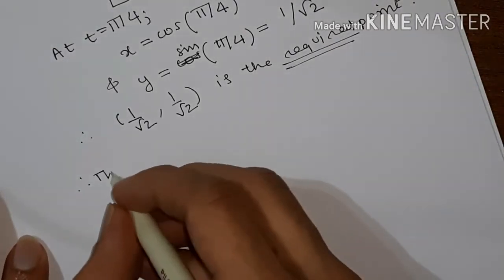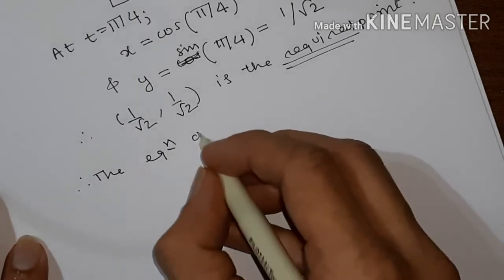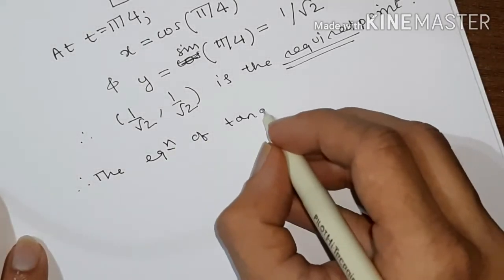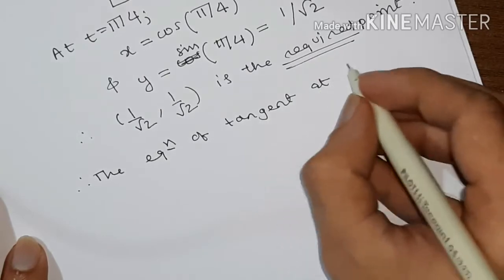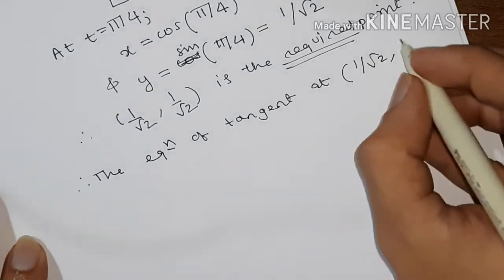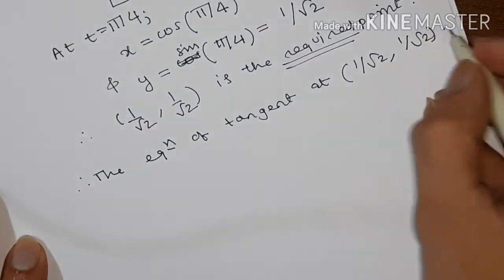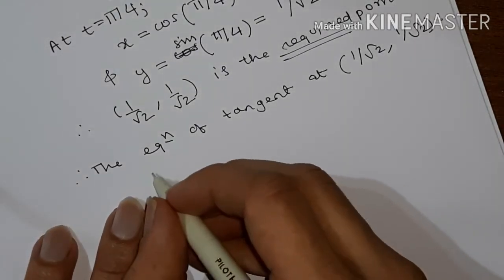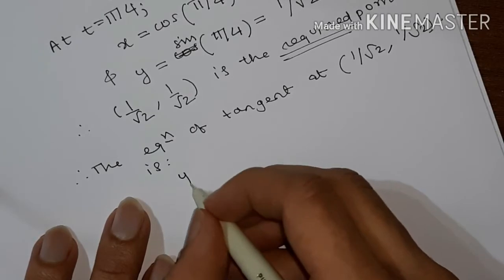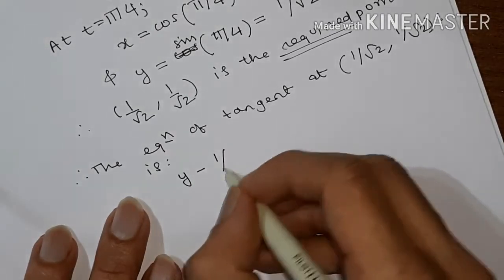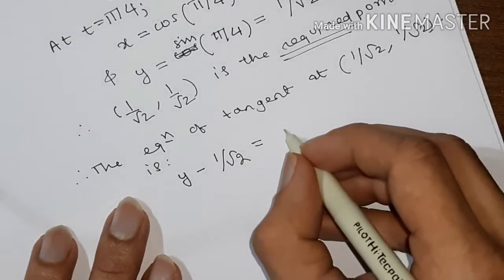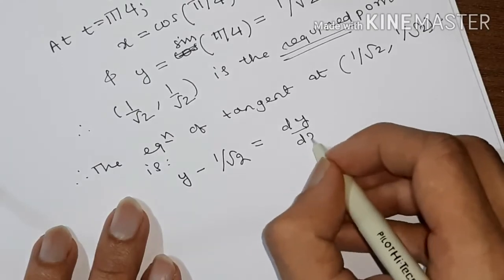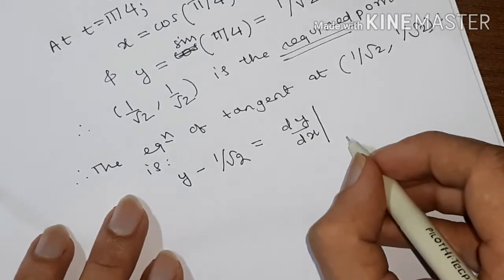Now the equation of tangent at 1 by root 2 comma 1 by root 2 is y minus y naught, that is 1 by root 2, equal to dy by dx at the point.